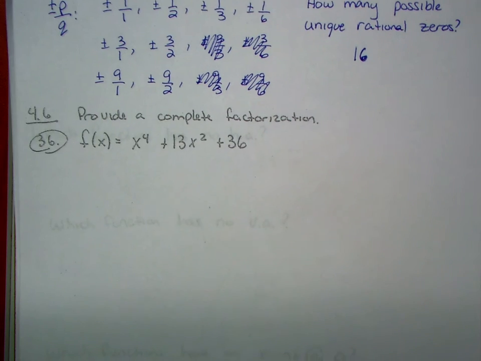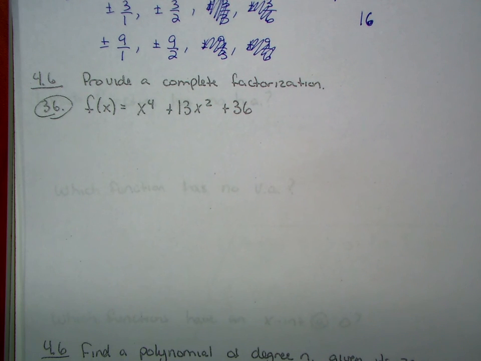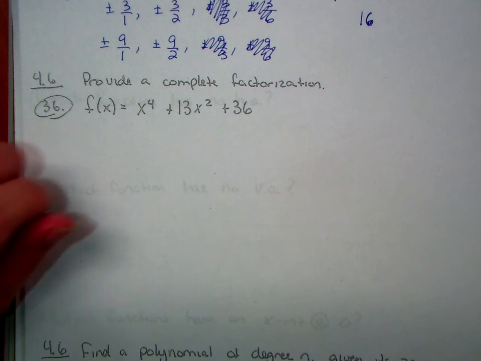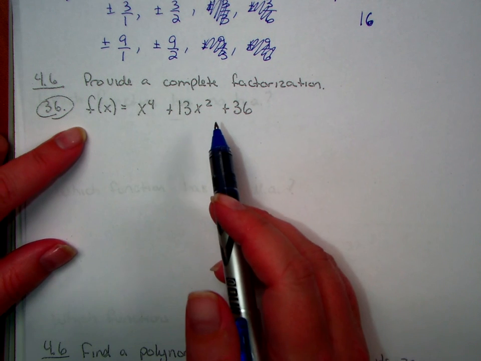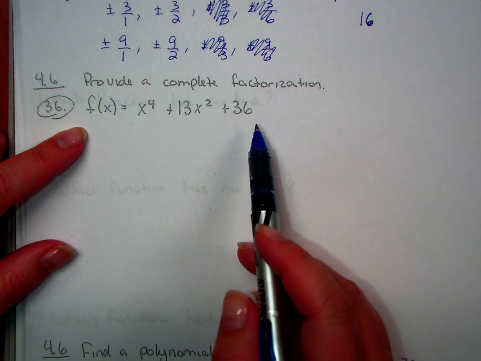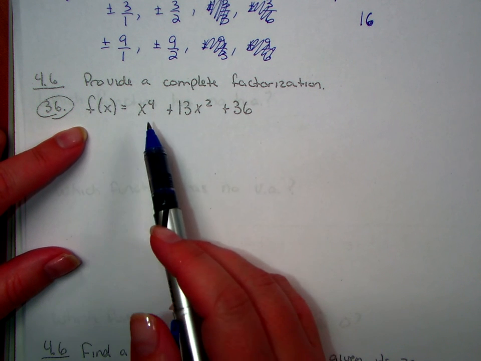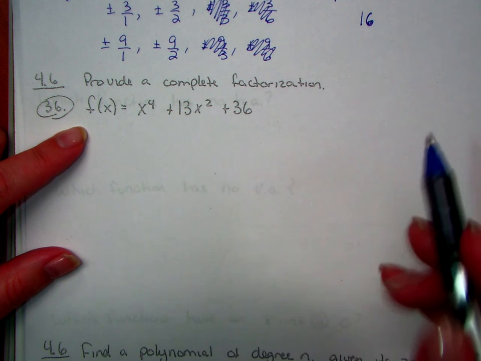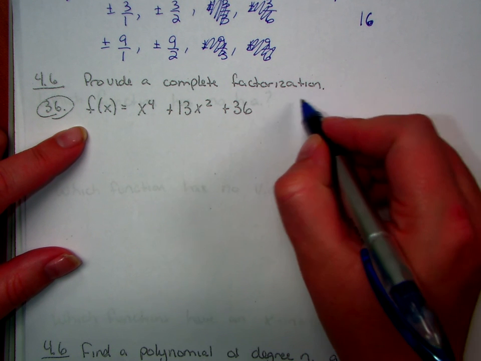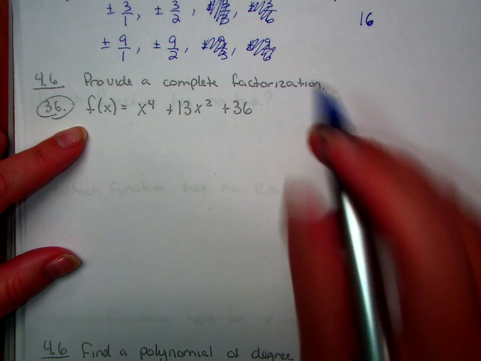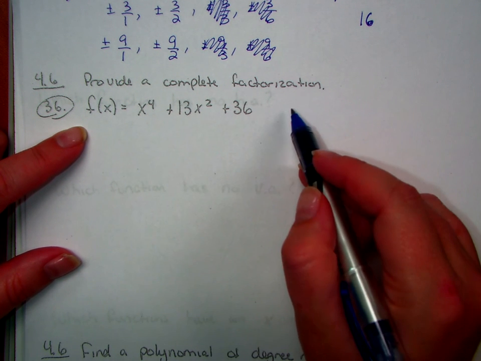All right, the next example, I don't believe there is a question on this, especially this form, okay? Provide a complete factorization. This is writing all the imaginary zeros and the irrational zeros as factors.